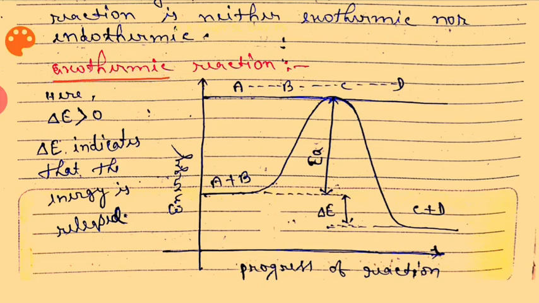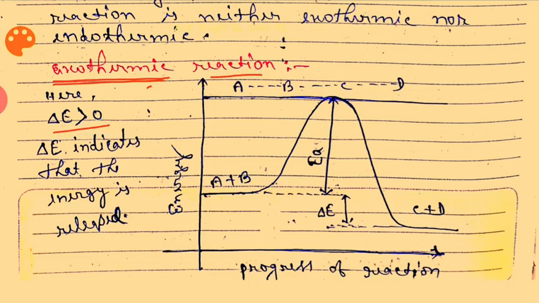Now other reaction is exothermic reaction. You have read about the exothermic reaction. What is exothermic reaction? It is the reaction in which the difference in between the final energy and initial energy is greater than 0, means here del E, difference in energy, should be greater than 0.